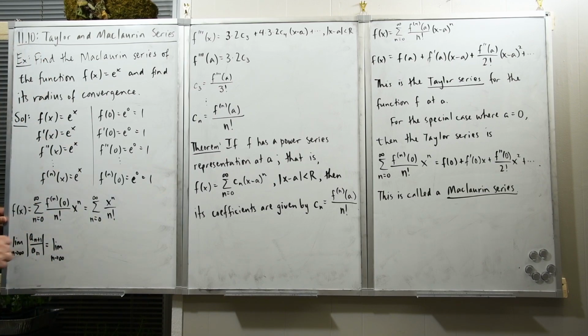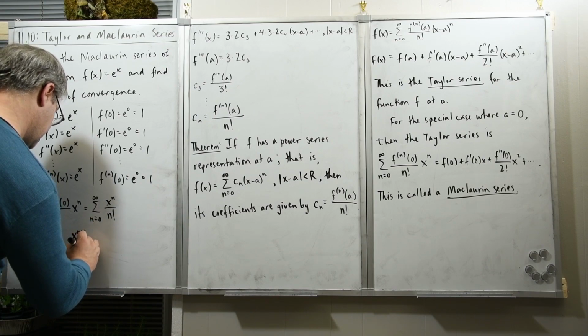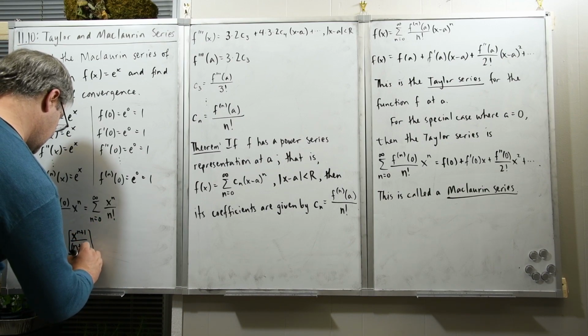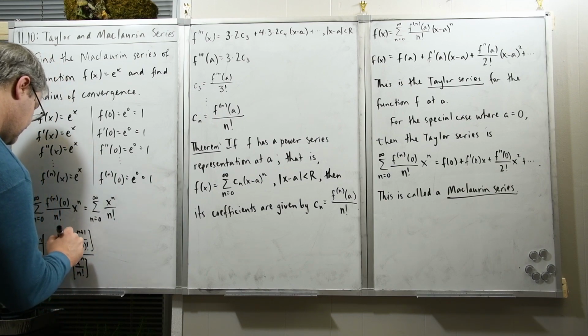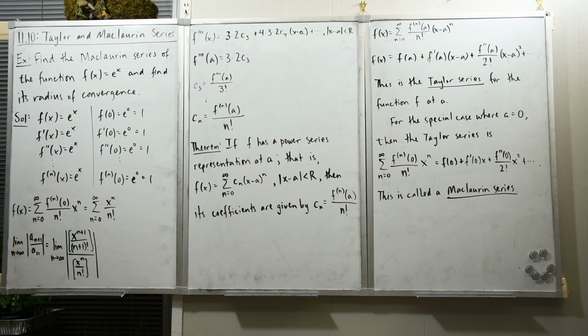So your a sub n plus 1 is going to be x to the n plus 1 over n plus 1 factorial. Put that over a sub n, you have x to the n over n factorial. And we'll take the absolute value of that.